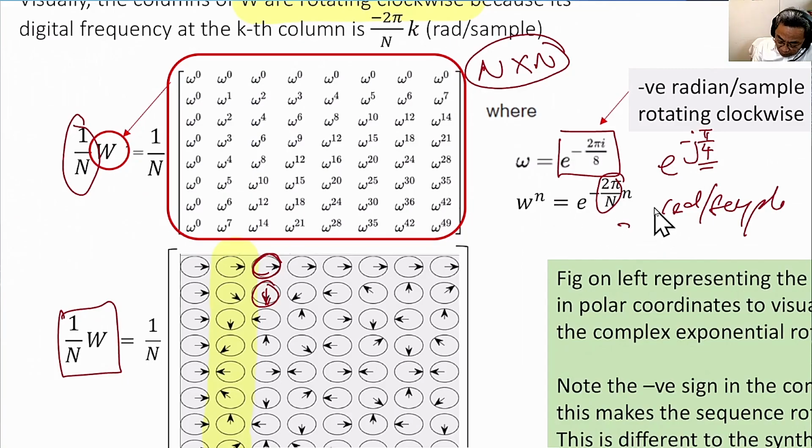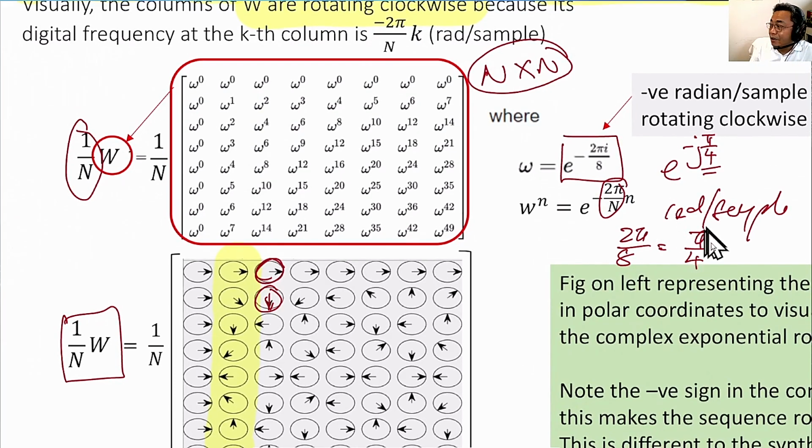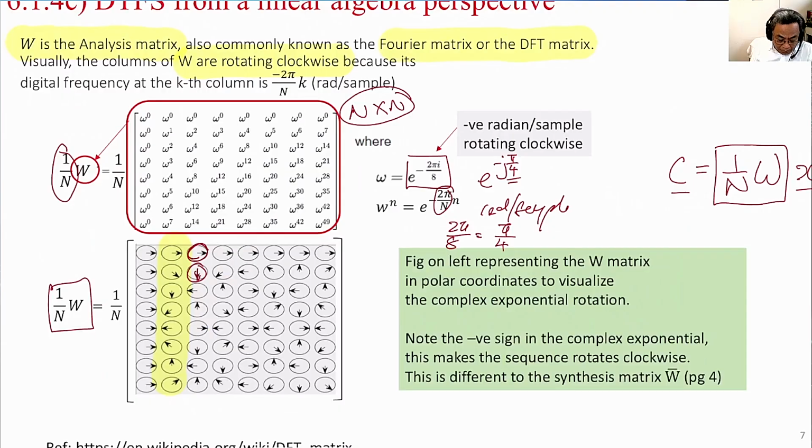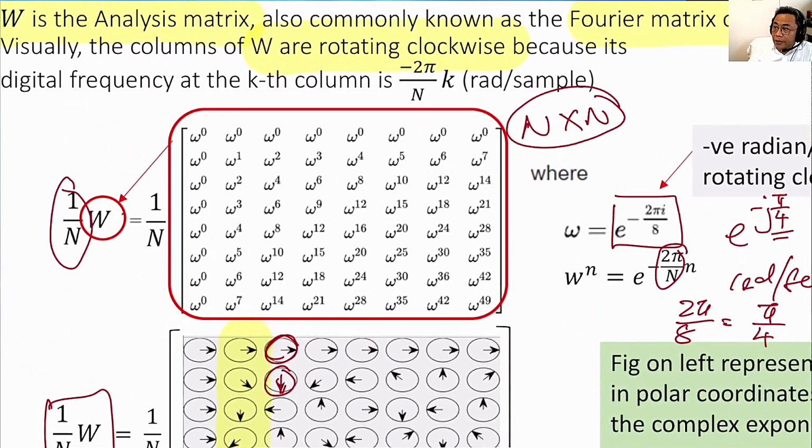And because we are talking about 2 pi over 8, every sample we are rotating by pi over 4 radian. But of course in this column we are moving 2 times faster, in this column we are moving 3 times faster, and so on. So to summarize, as the columns go from column 0 to column 1 to column 2, the complex phasor is rotating faster and faster.